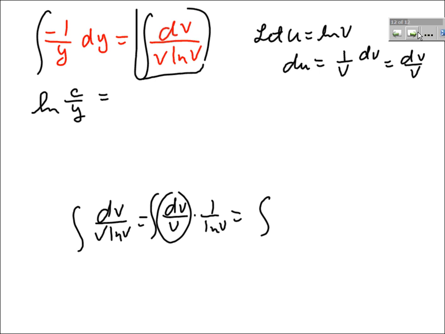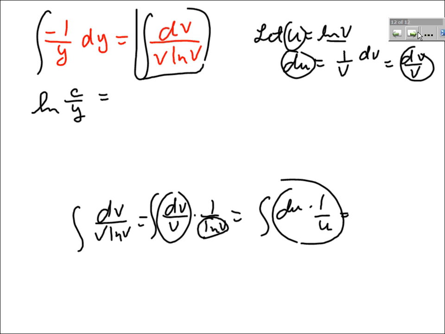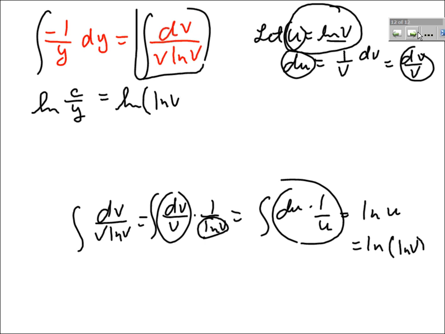Now dv over v is du, times 1 over ln of v, I'm calling that u. Ooh, I know this integral. That integral is ln of u. But u is, and no random guessing, u is ln of v. So we have ln of v.